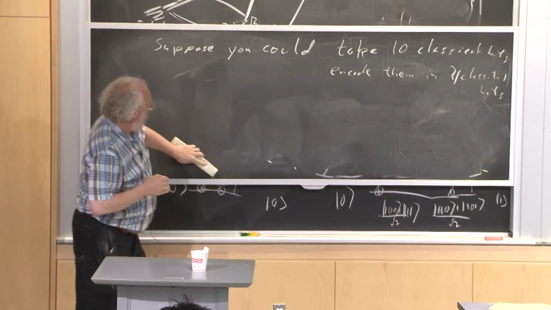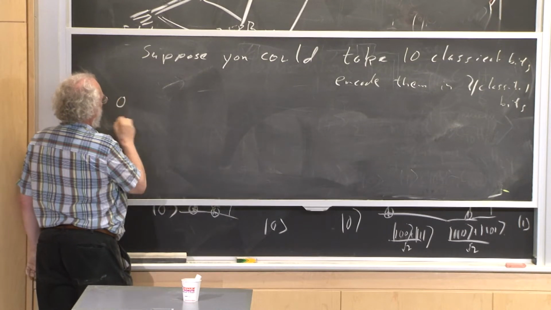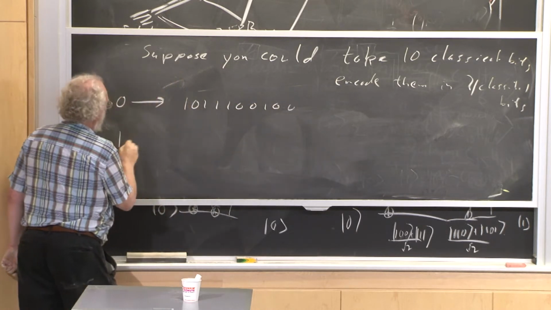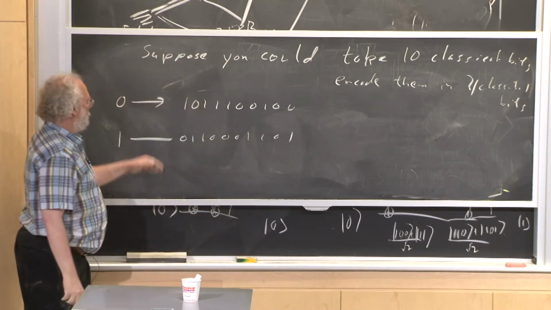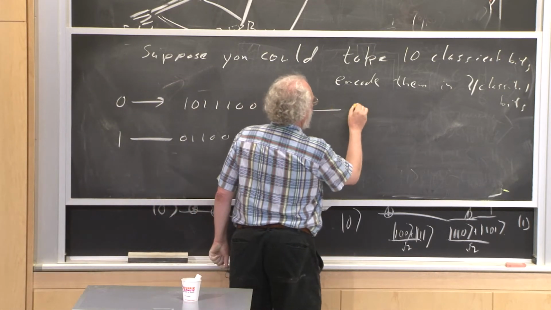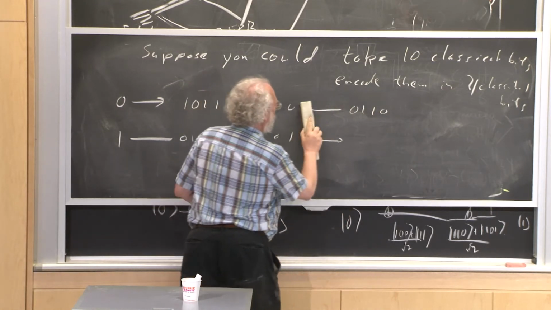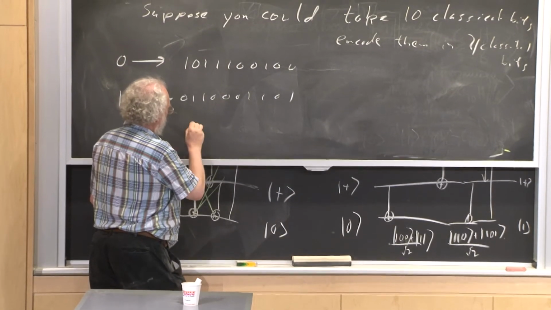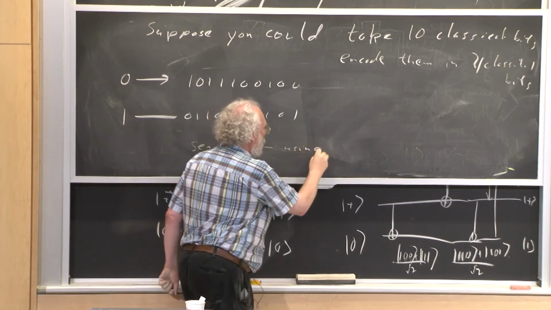So I'll just give the basic idea. Let's map a 0 to one specific string of 10 bits, and a 1 to another specific string of 10 bits. And each of these gets mapped into 4 bits, and so we send them using 4 bits.